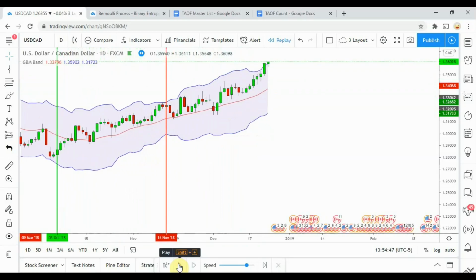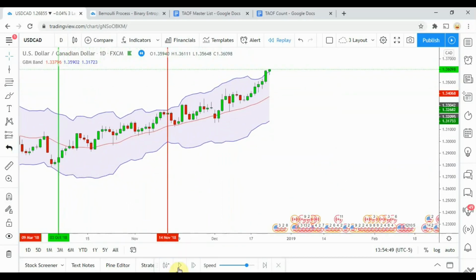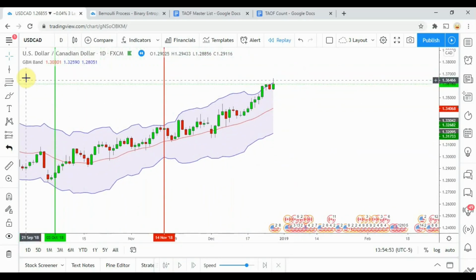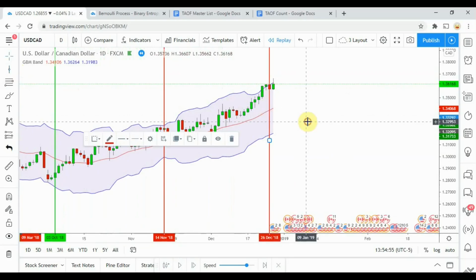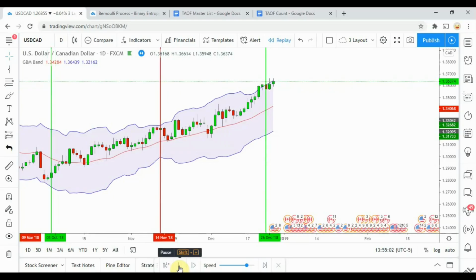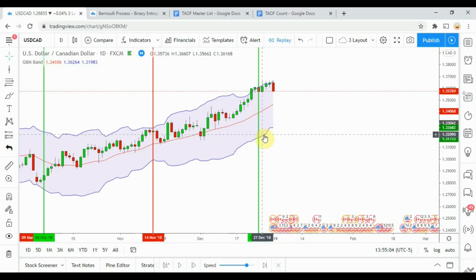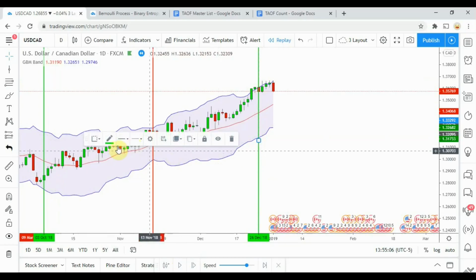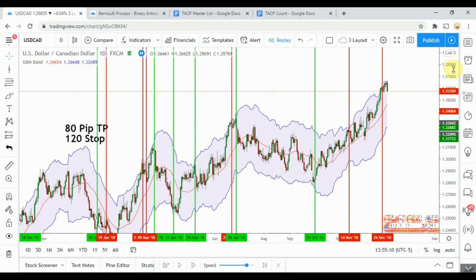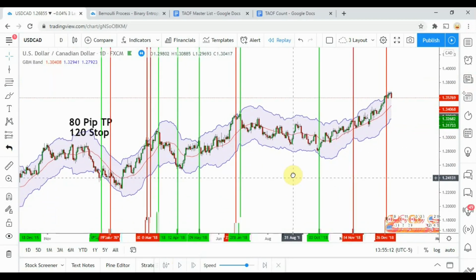We're on the upper band now. Let's go ahead and look for a close right there. This one. And we definitely get stopped out on that one. And that would have put us at the end of the year right there.